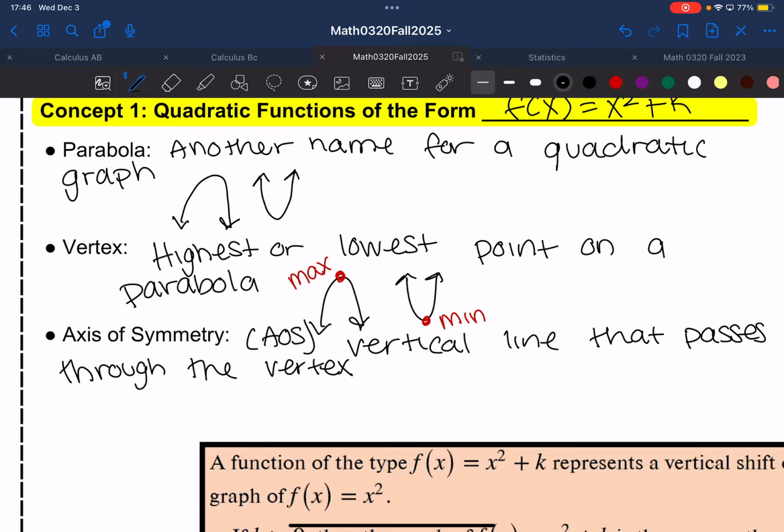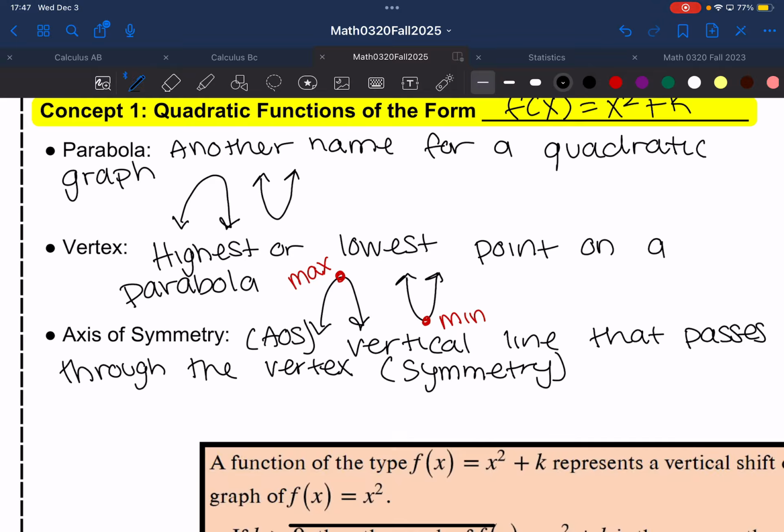Recall that symmetry means that if you were to take, let's say, a graph or a paper or anything, fold it in half, it should be the same on both sides. So you can put that in parentheses, symmetry, but we should remember that because it's in the name, axis of symmetry.